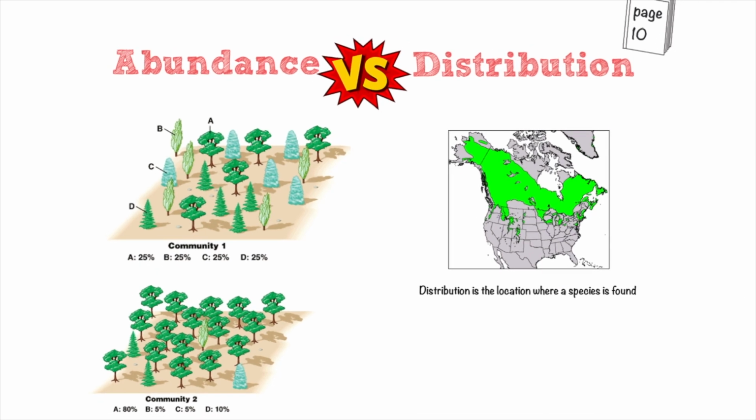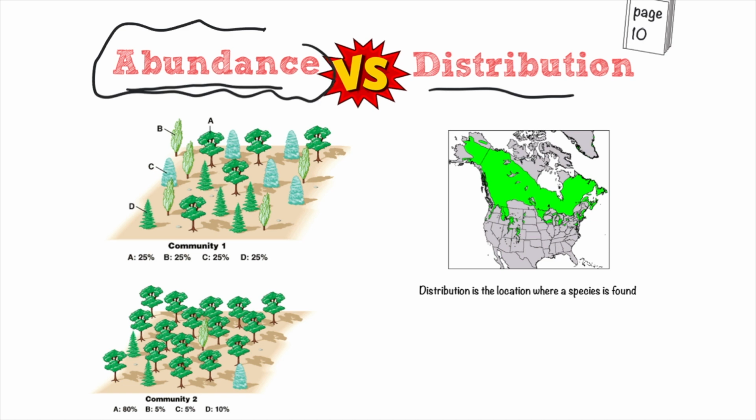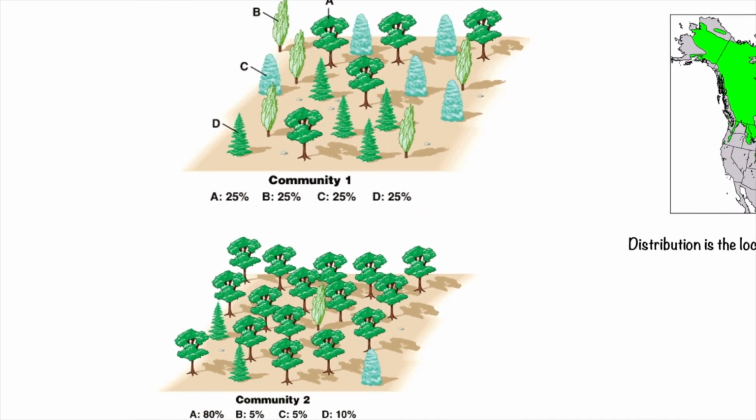Before we get into practical details about the quadrats and the transects, let's get familiar with these two terms. One is abundance and the second is distribution. What does abundance stand for? Abundance is basically the number of organisms in a habitat.